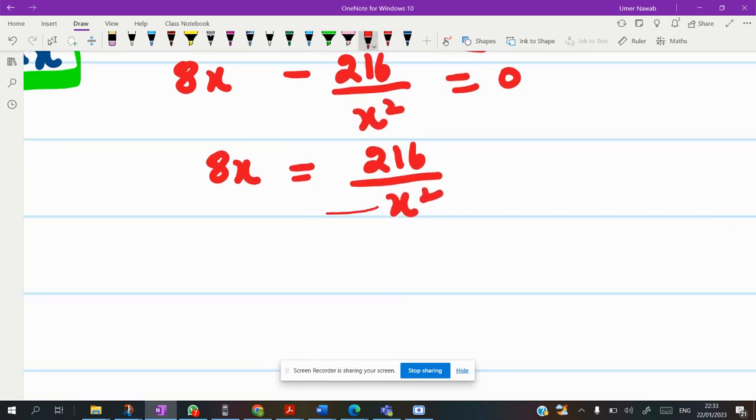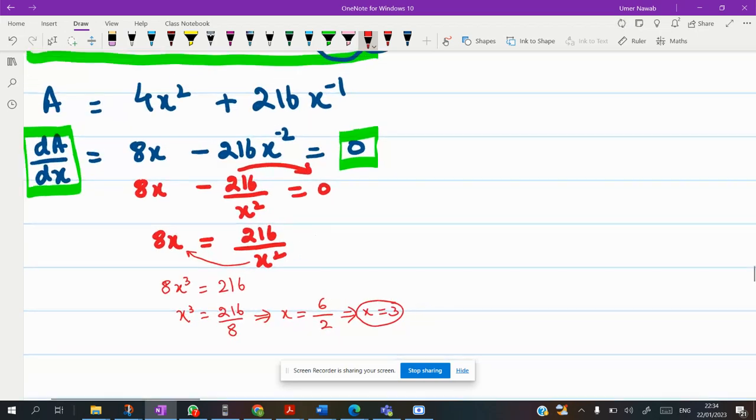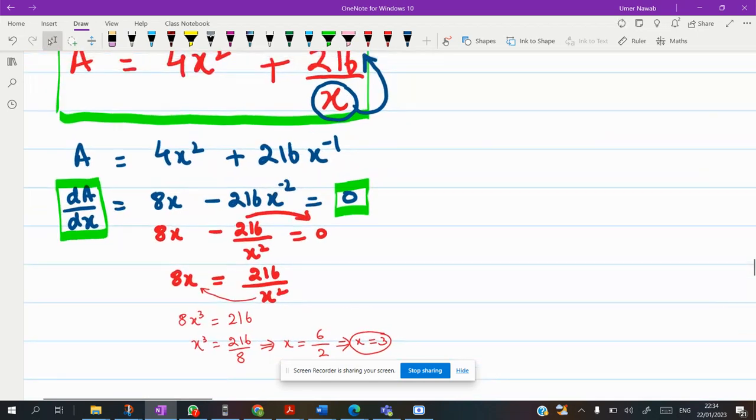Next step, send it to this side. So 8x cubed is equal to 216 and x cubed is equal to 216 over 8. And then when I take the cube root, I will get 6 over 2, which is x is equals to 3. So I found the value of x, 3.